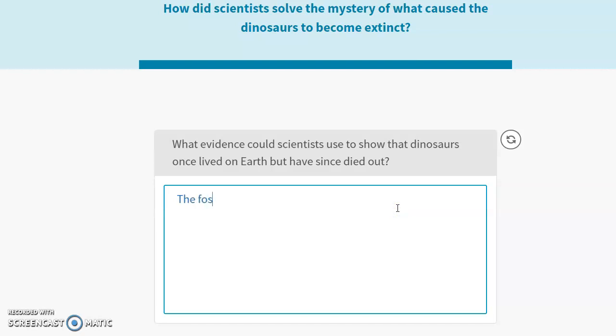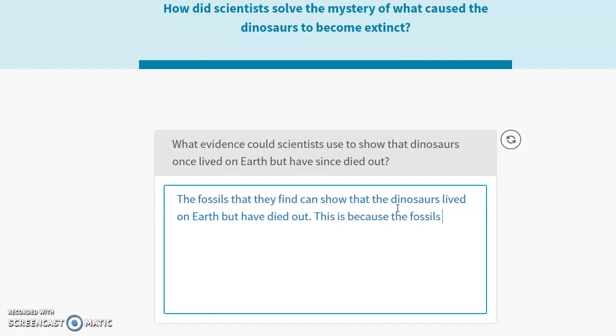The fossils that they find can show that the dinosaurs lived on Earth but have died out. This is because the fossils are so far down into the Earth that it tells us when the dinosaurs lived.